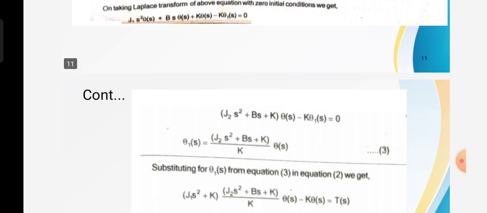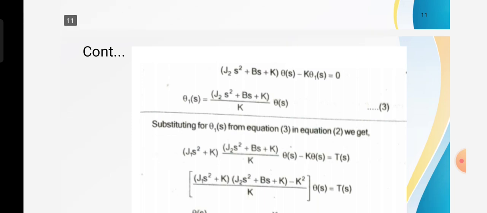Taking the Laplace transform with zero initial conditions, we get J2 s square theta of s plus bs theta of s plus k theta of s minus k theta 1 of s equal to 0. Taking the common element, theta of s into J2 s square plus bs plus k minus k theta 1 of s equal to 0.